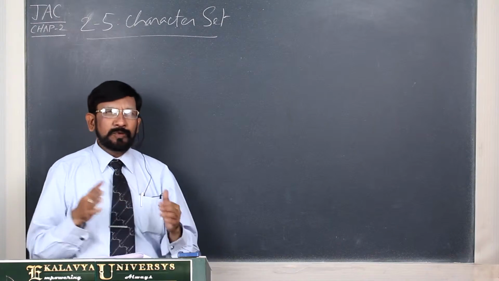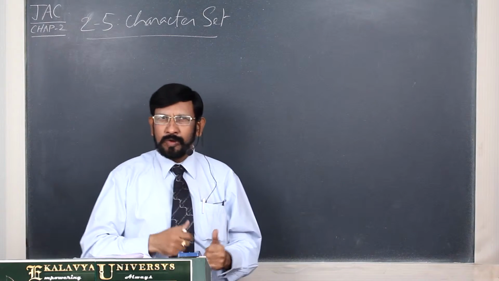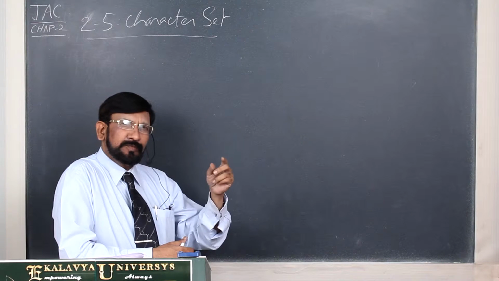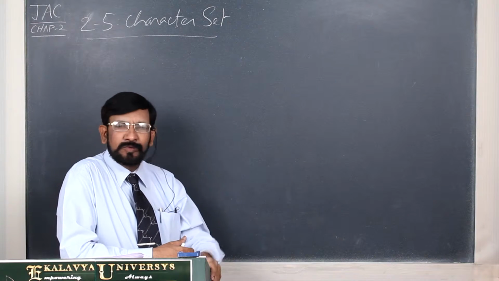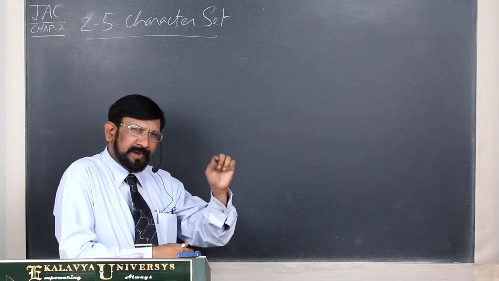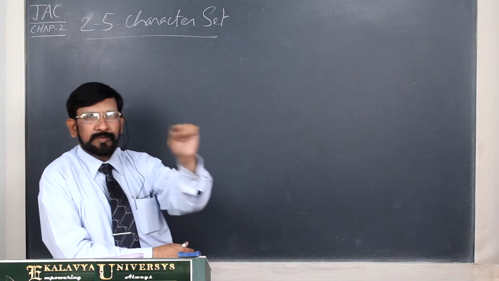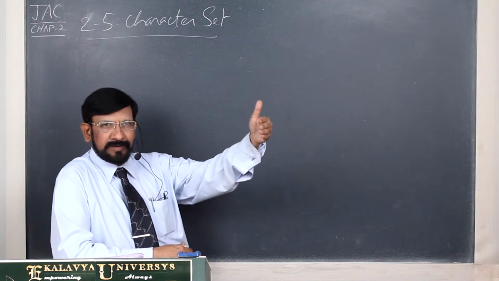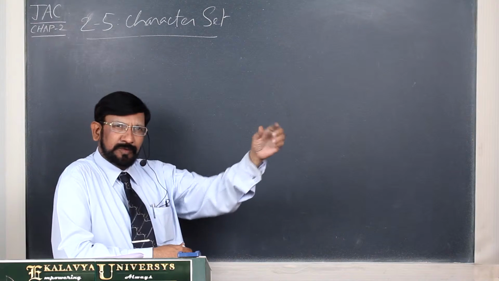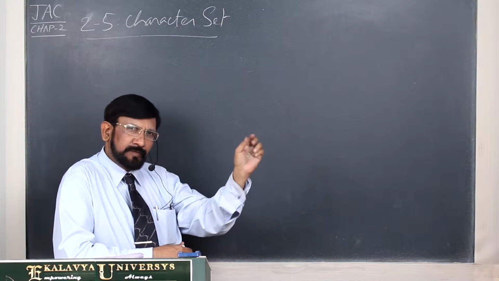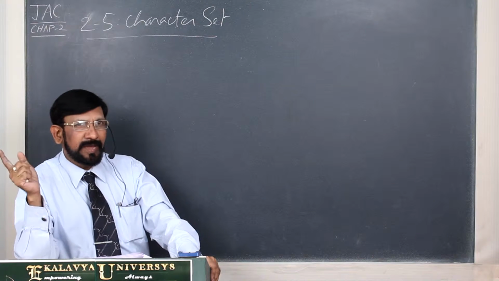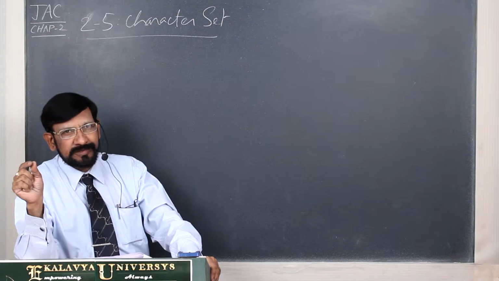So, by composition of several tokens subject to syntax rules of the language, we form instruction to the computer. The same analogy is applicable to human language also. By composition of the words subject to a grammar of the language, we can form sentences.